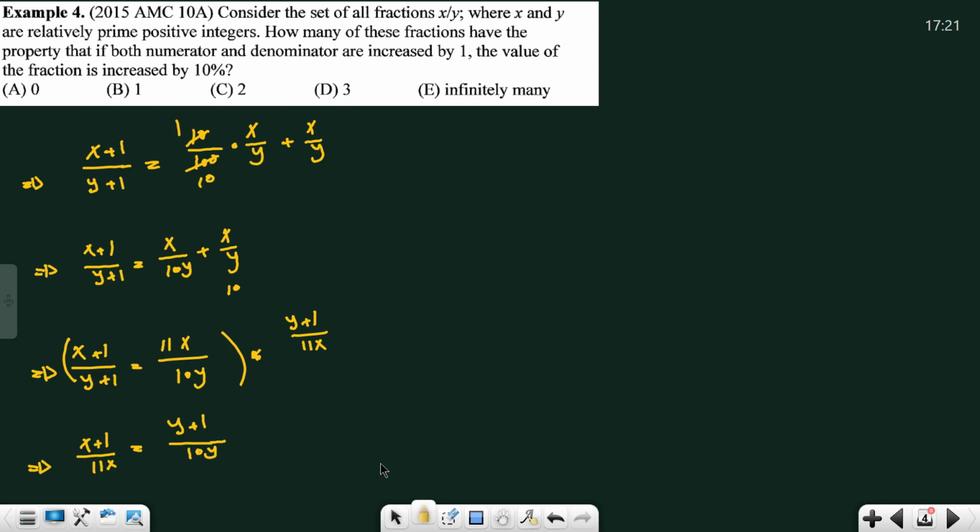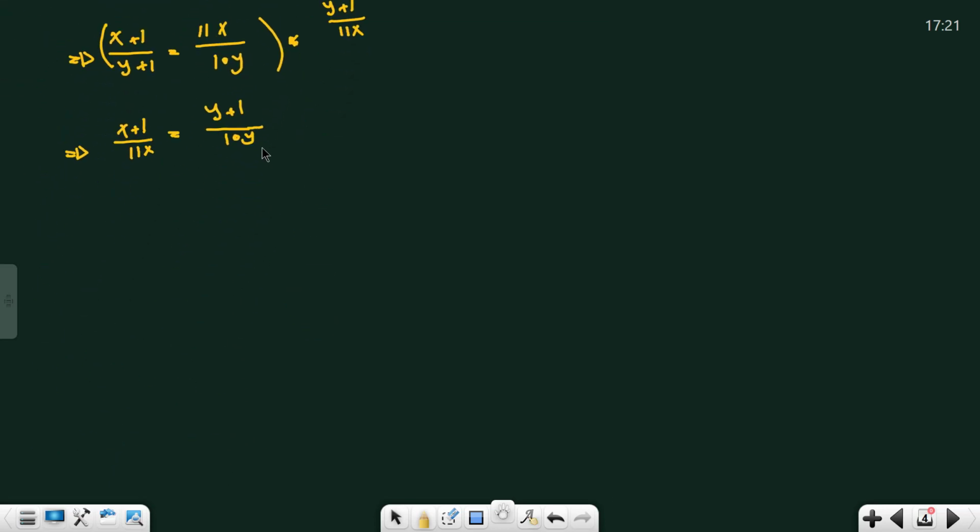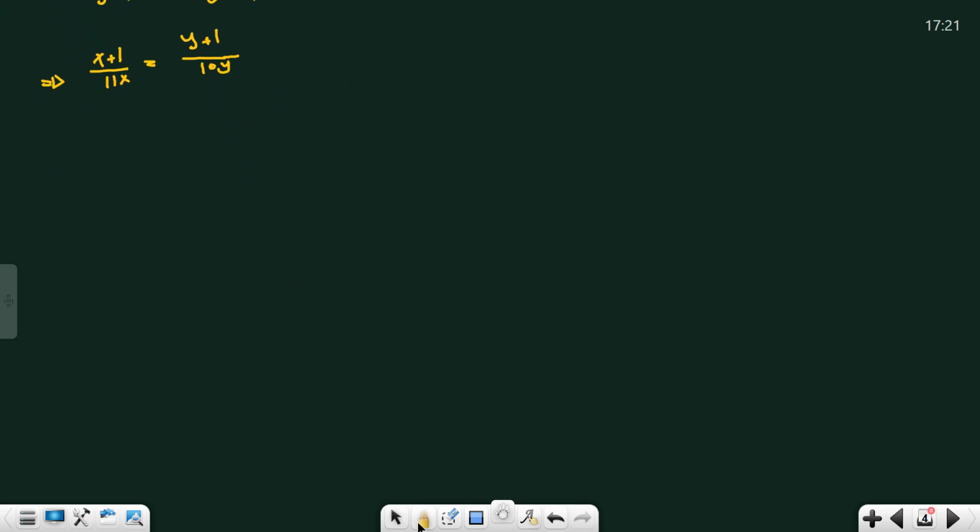Now if I want to make y alone, I can write x over 11x plus 1 over 11x equals y over 10y plus 1 over 10y.